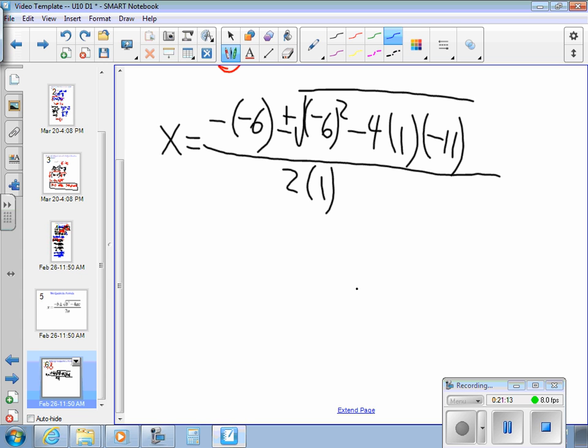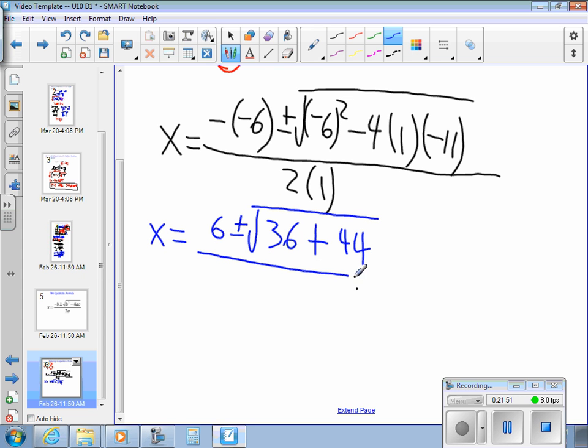So of course, a negative negative 6 becomes positive 6. Here, let me put in my x equals. Okay, it becomes a positive 6 plus or minus the square root of. Now, negative 6 squared is a positive 36 minus 4 times 1, that's 4, and then times negative 11. Well, times the negative changes that to plus. 4 times 11 is 44.